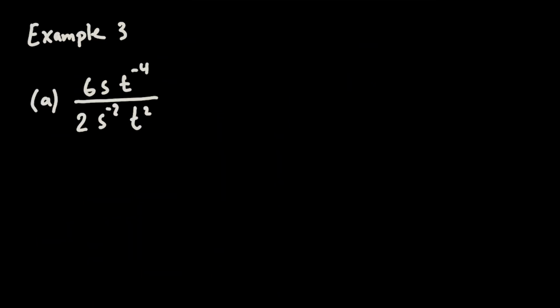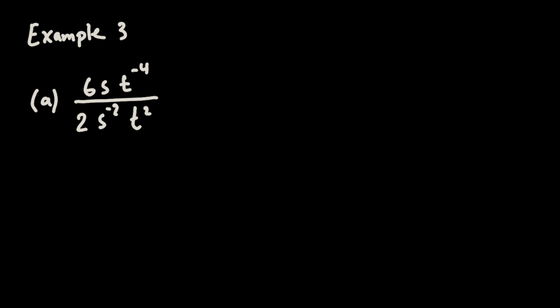Let's see example number 3, part A. So we have this expression and we want to simplify it. To simplify it, we have to just group the like parts with each other.